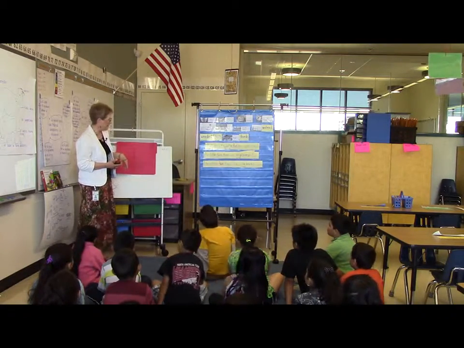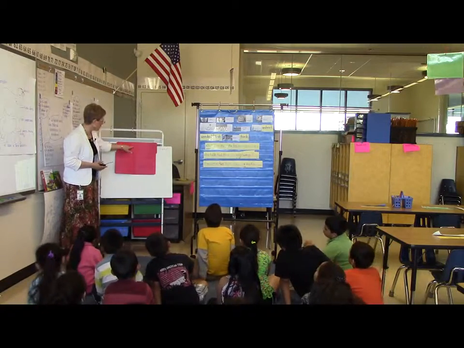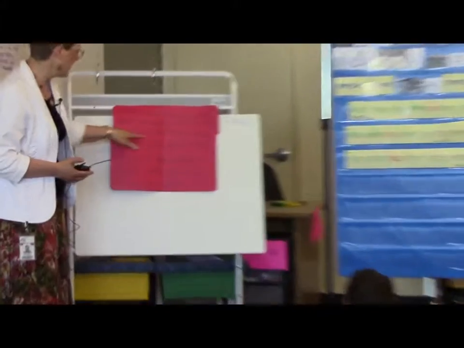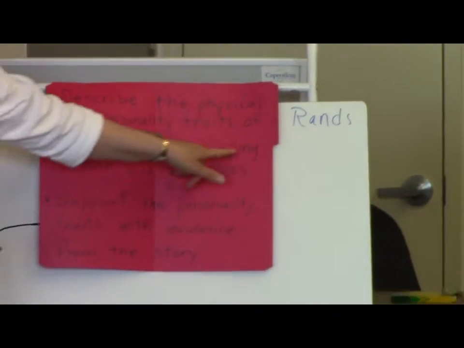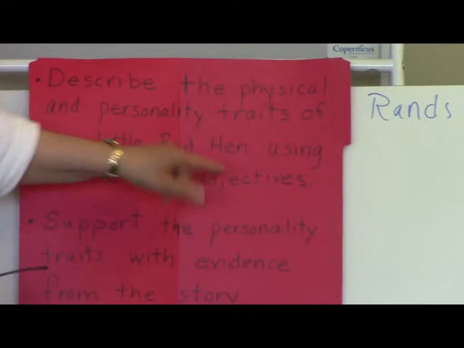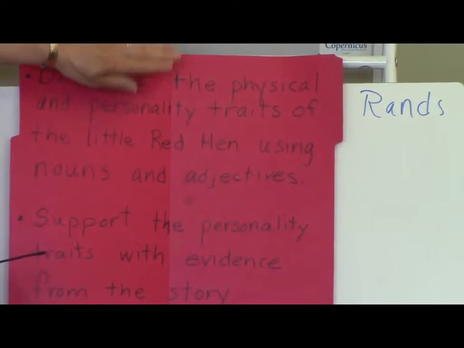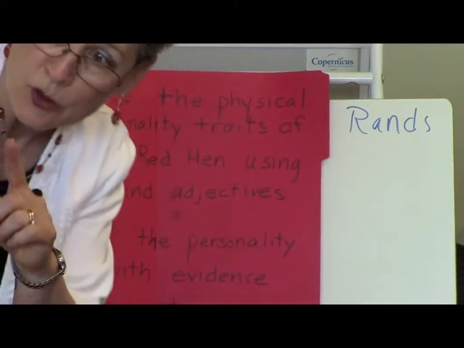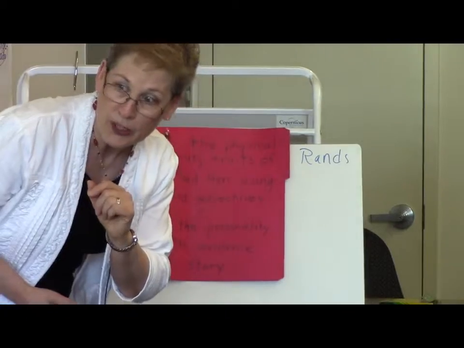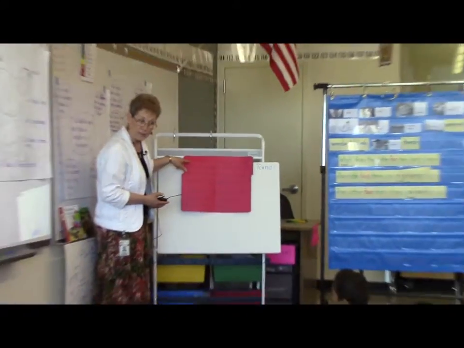All right, very good. So our goal is to describe the physical traits of the Little Red Hen. And we are using nouns, names of things, and we're using adjectives, describing words. So I skipped the personality traits, even though you did talk about her being awesome, cool, fair, nice, hardworking, and friendly, and you might use those a little bit later. But let's do our learning target.